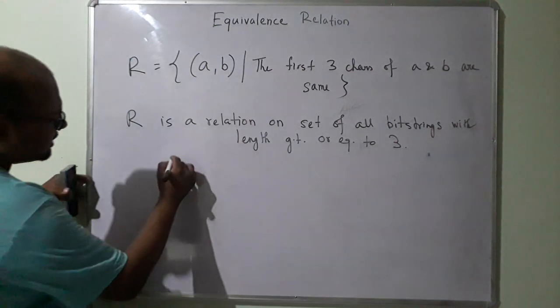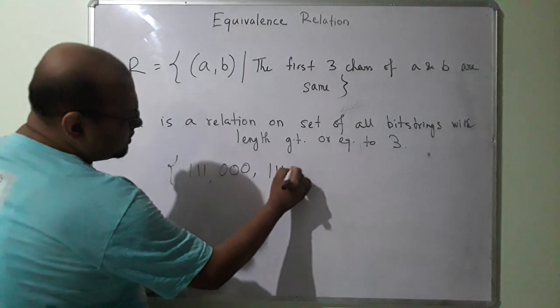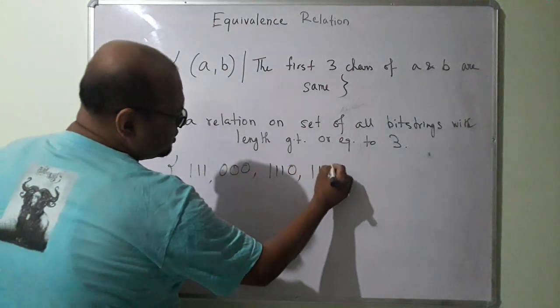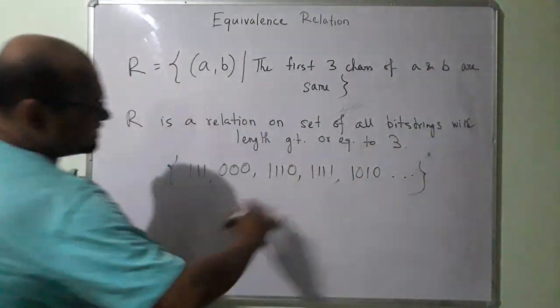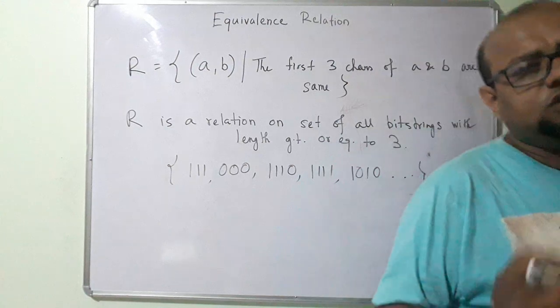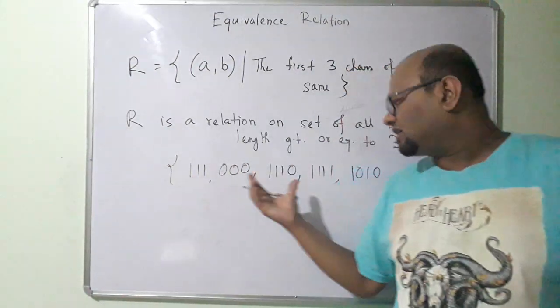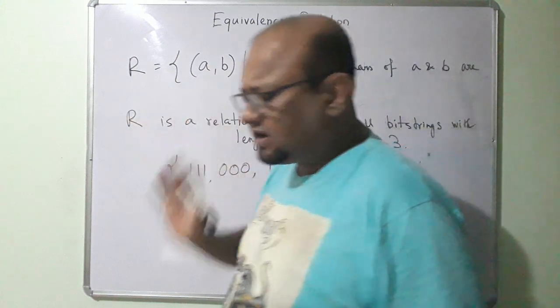That means this set will contain all 111, let's say 000, 1110, okay, 1111, then 1010, and so on. All the possible combinations of strings that are greater than or equal to length 3. These are 4, these are 3, some might be 5, 6, and up to infinity.